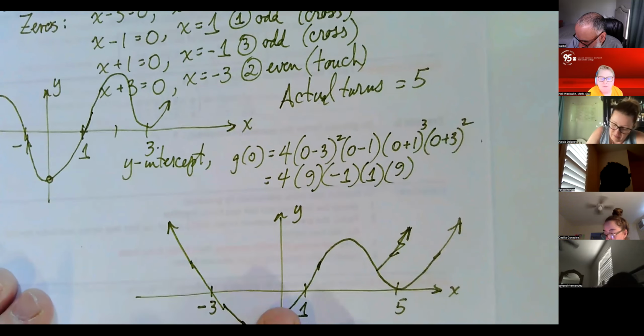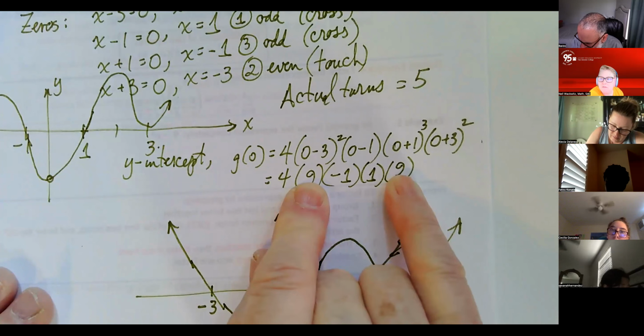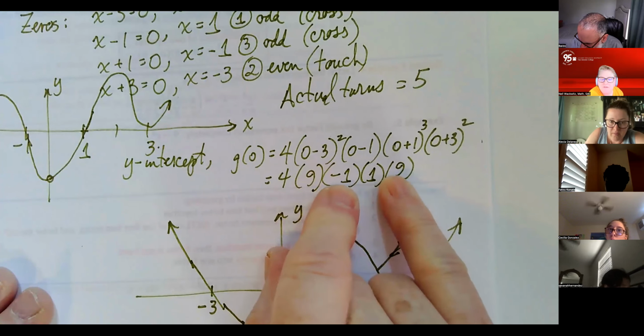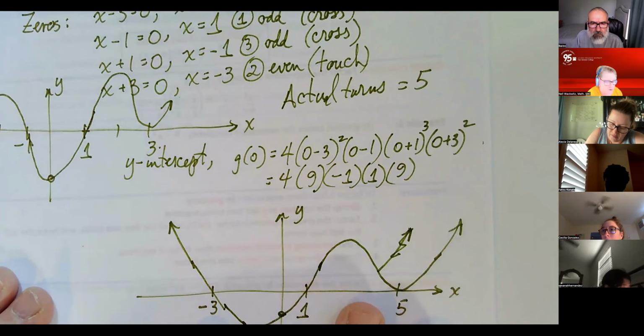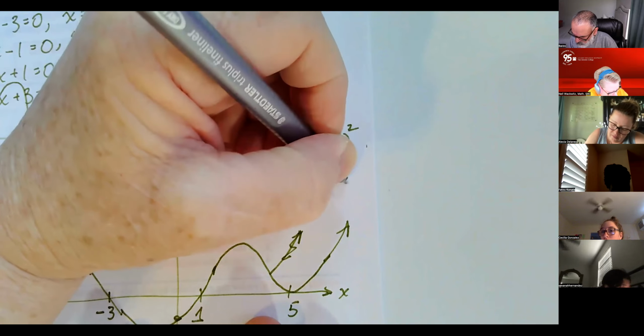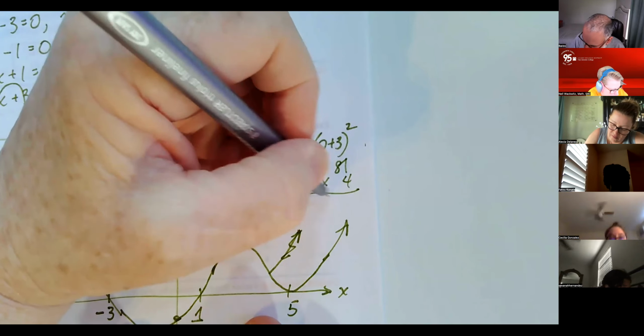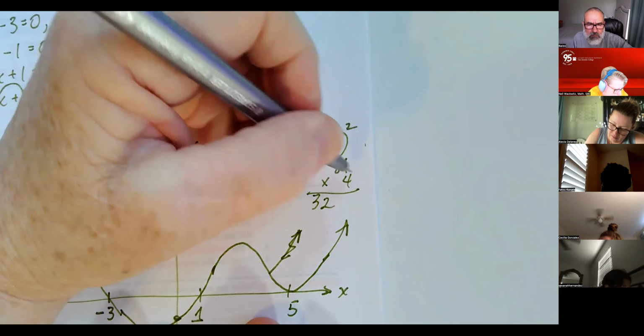So let's see. We've got 9 times 9. That's 81. Times a negative, that's negative 81. And then we need to multiply by 4. So we need to find 81 times 4. That's 324.